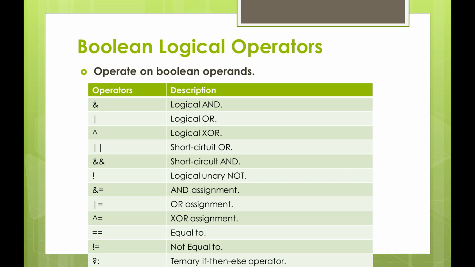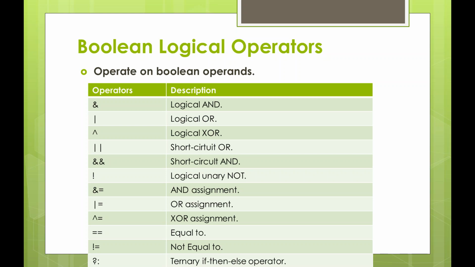Which kind of expressions result in Boolean values? Relational expressions, the expressions that you use with your relational operators. They return Boolean values, and on Boolean values you use these logical operators.